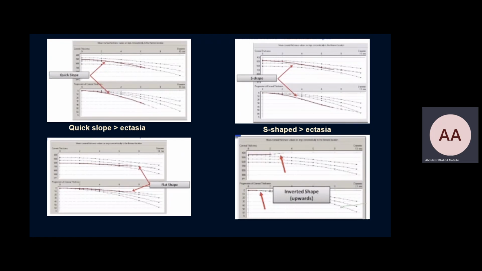So what do you think? Which pathology goes with thinner in the periphery? Pellucid, exactly. So the S shape goes with pellucid. Upper left is keratoconus because of thinning and then quick thickening. Number 2 is thinning in the periphery. What about 3?